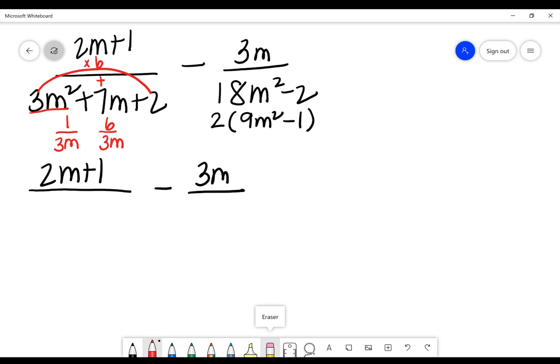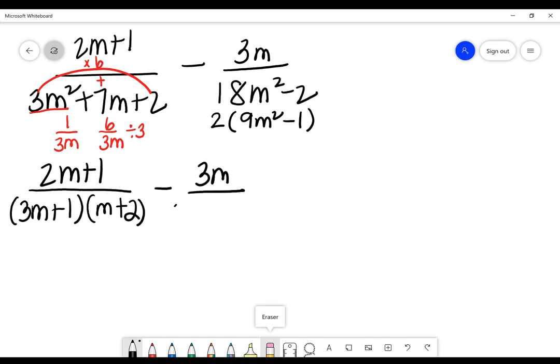Now, 3m and 1 can't simplify, but 3m and 6 can both be divided by 3. And that's going to give me my 2 factors. One factor is going to be 3m plus 1. And the other one is going to be 3m divided by 3 is m. 6 divided by 3 is 2.